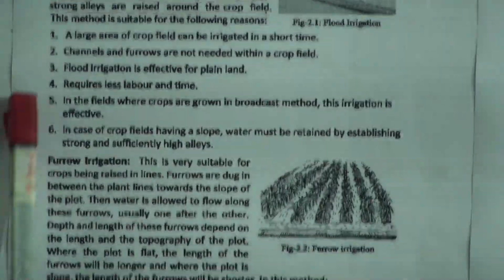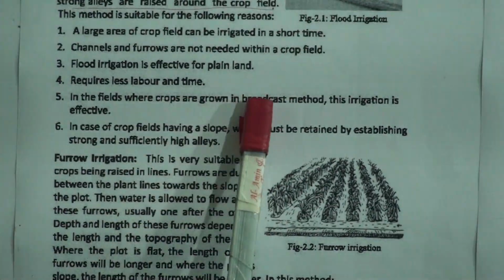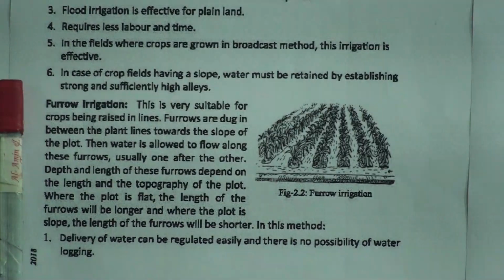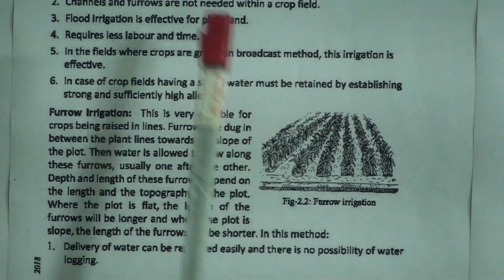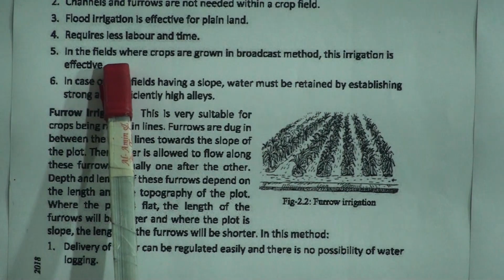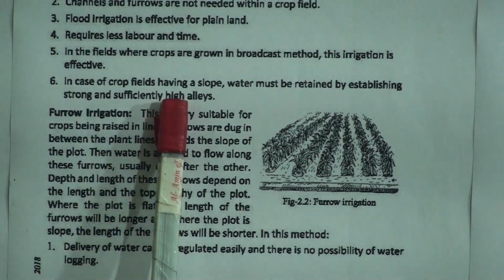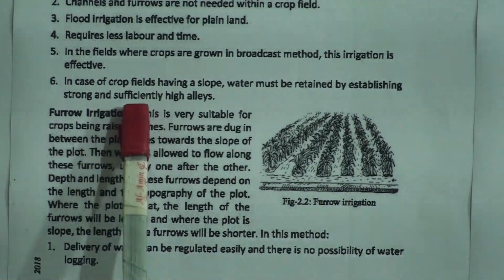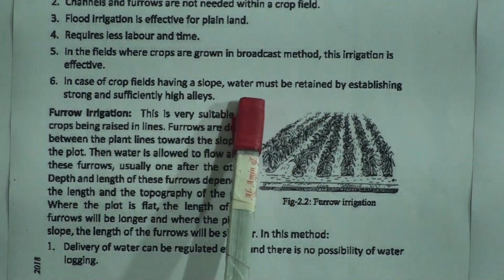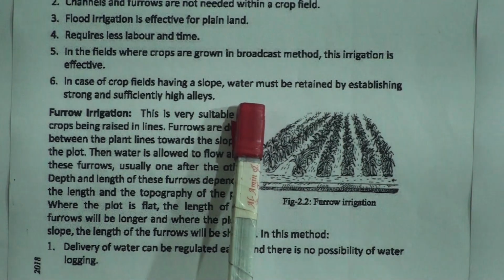Number 4, requires less labor and time. Number 5, in the fields where crops are grown in broadcast method, this irrigation is effective. In case of crop fields having a slope, water must be retained by establishing strong and sufficiently high alleys.